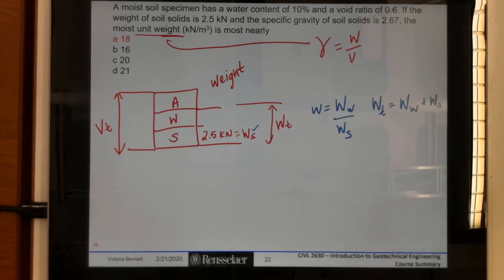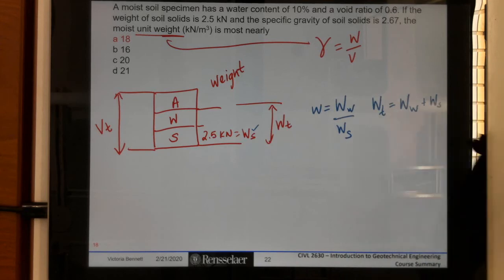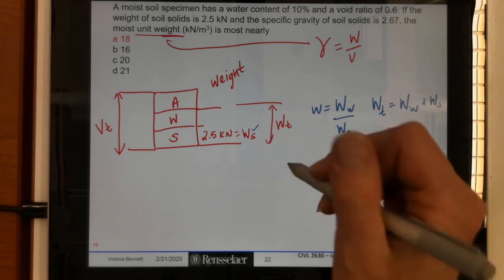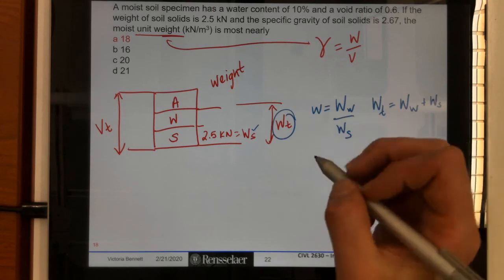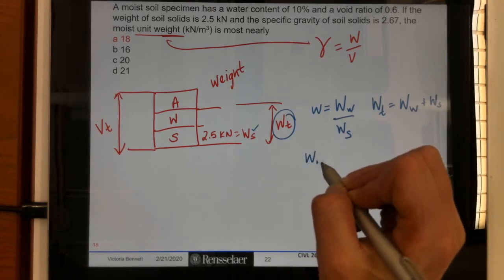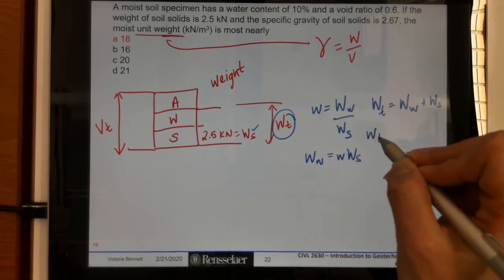So now I have two equations, two unknowns. I can find one or either of them. Ultimately, I want to get to the total weight, right? So the weight of water is the water content times the weight of solids.